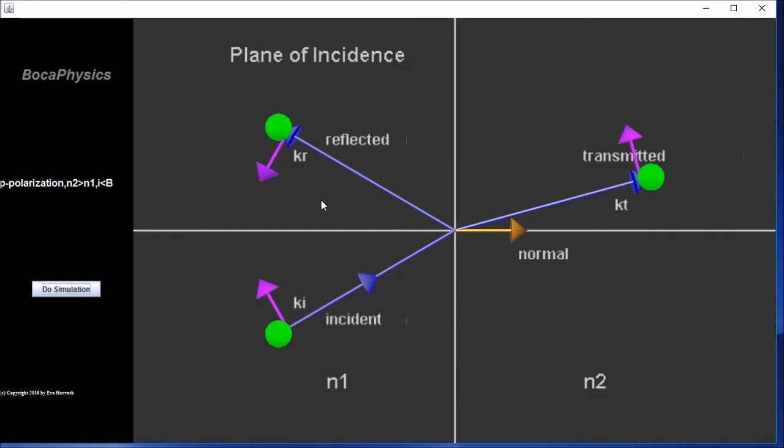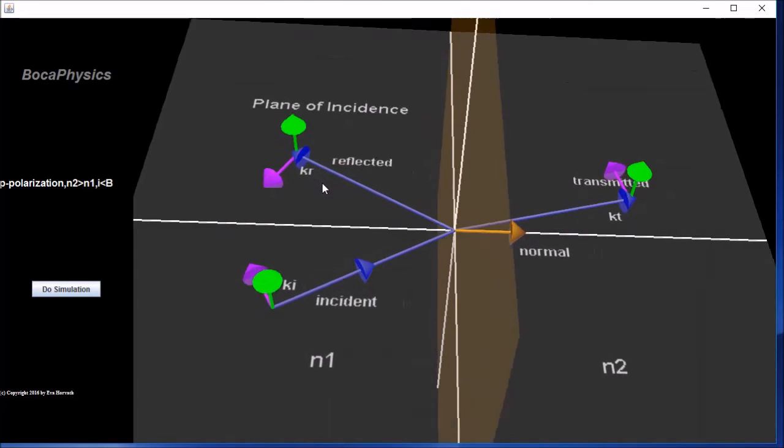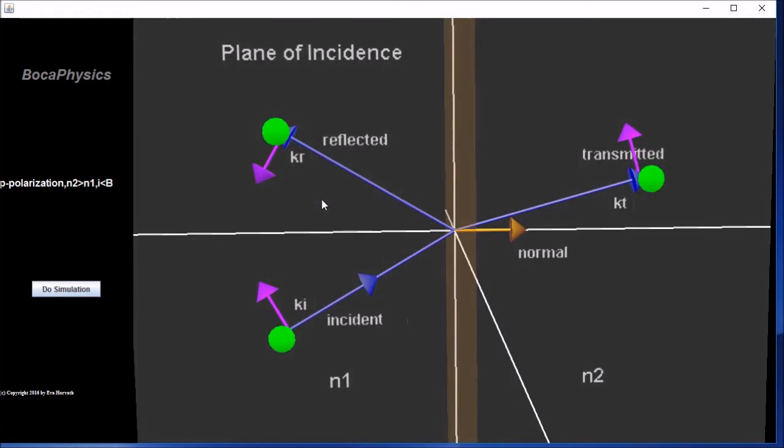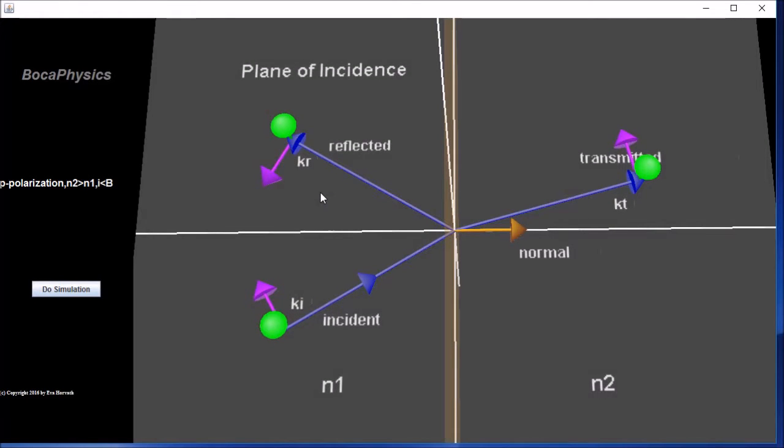Let's consider the behavior of the electric and magnetic fields of the incident, reflected, and transmitted waves for an angle of incidence less than Brewster's angle. Because we consider here parallel polarization, the three magnetic field vectors will be perpendicular to the plane of incidence. For this angle, both reflected and transmitted magnetic fields are in phase with the incident magnetic field, and all three vectors point out of the screen from this viewpoint.